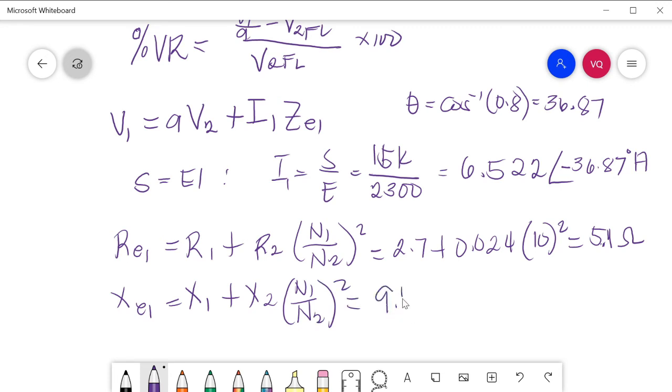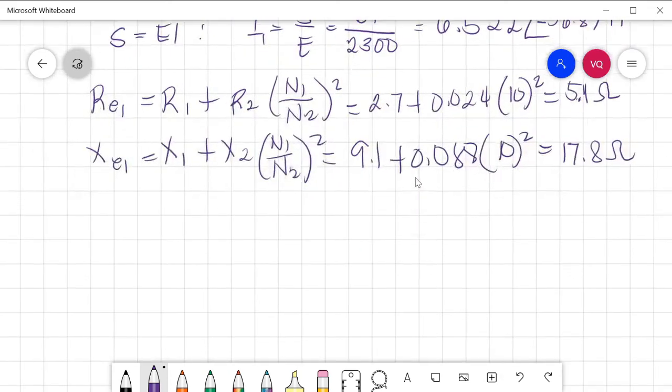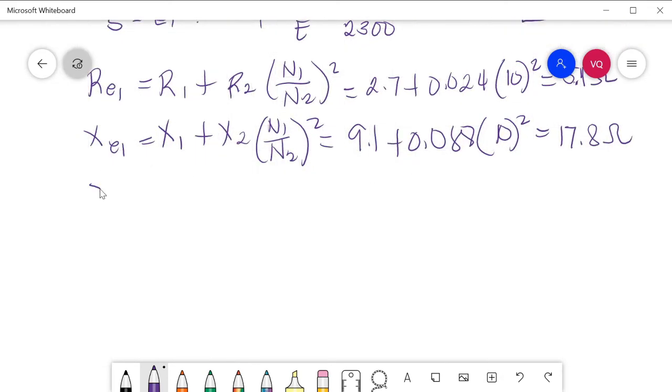So 9.1 plus 0.088 times 10 squared, equal to 17.8 ohms. Therefore, our impedance now will be equal to Z1E, 5.1 plus j17.8 ohms.